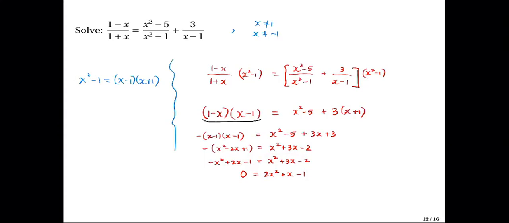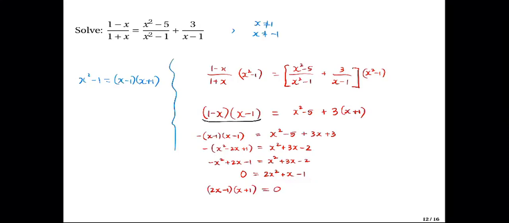And from here, you can use any method you want. Okay? But for my solution that I'll present here, it's factoring. We can factor this into 2x minus 1 times x plus 1, and that's equal now to 0.